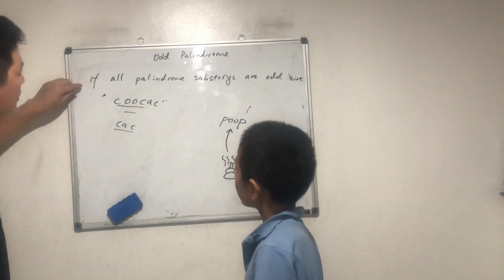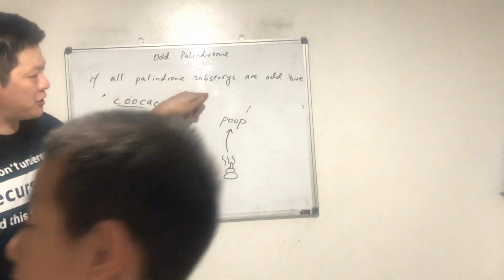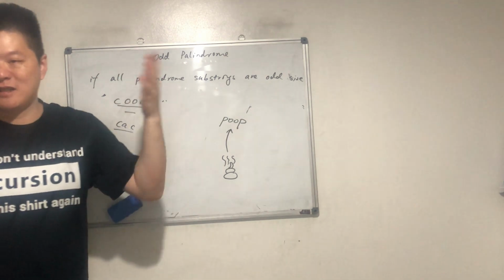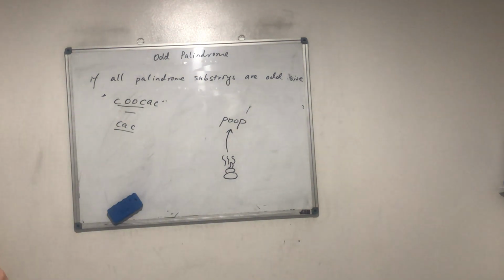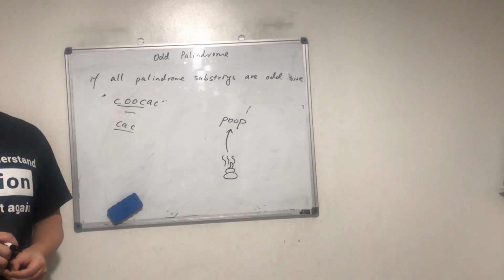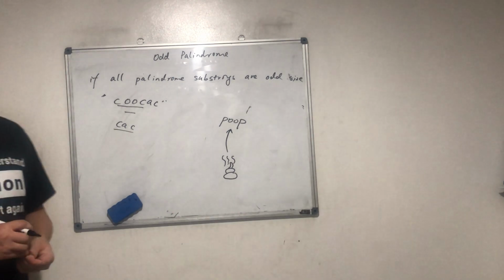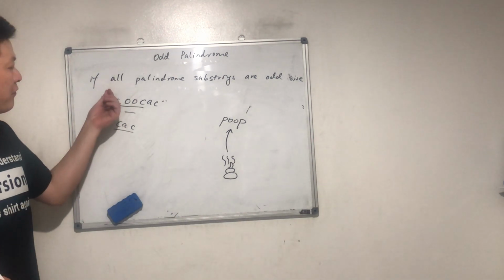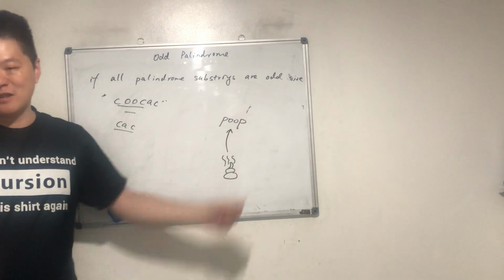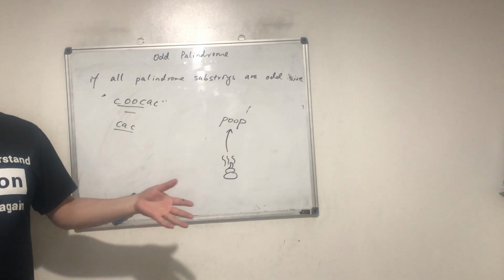Okay, so we want to check if all the palindrome substrings are odd size. Any idea? The first thing that comes to mind? If any are even size, we need to say false.